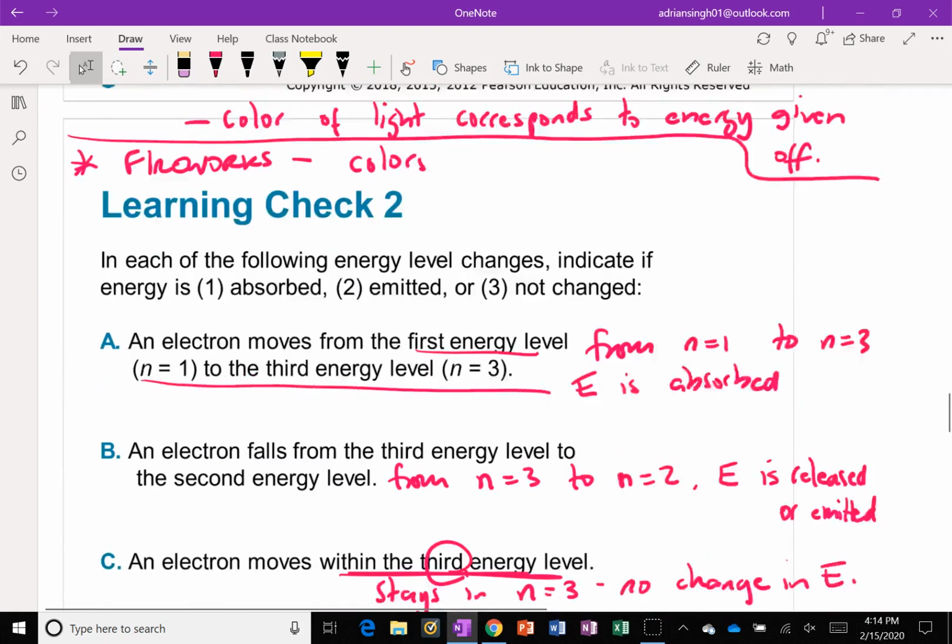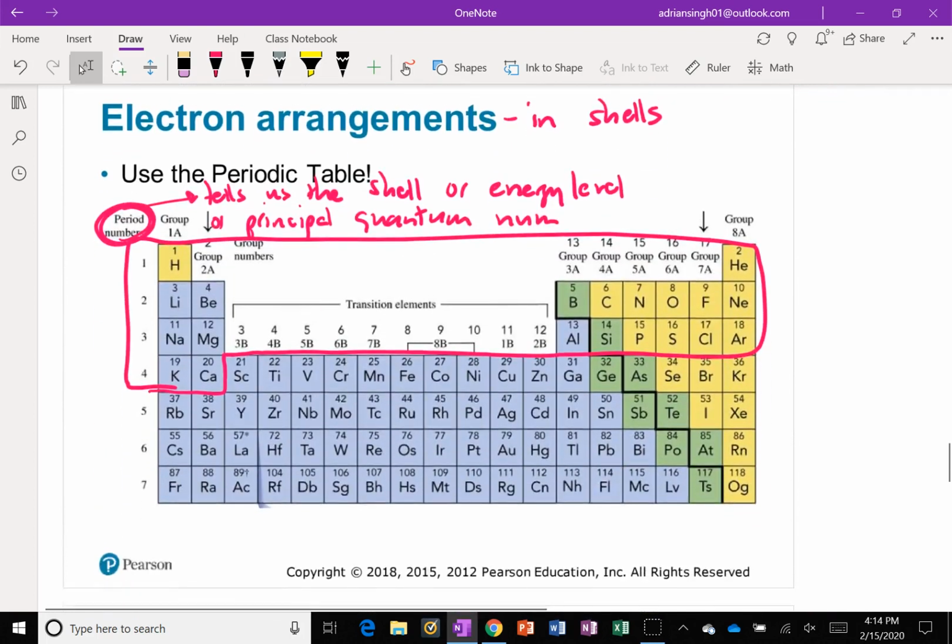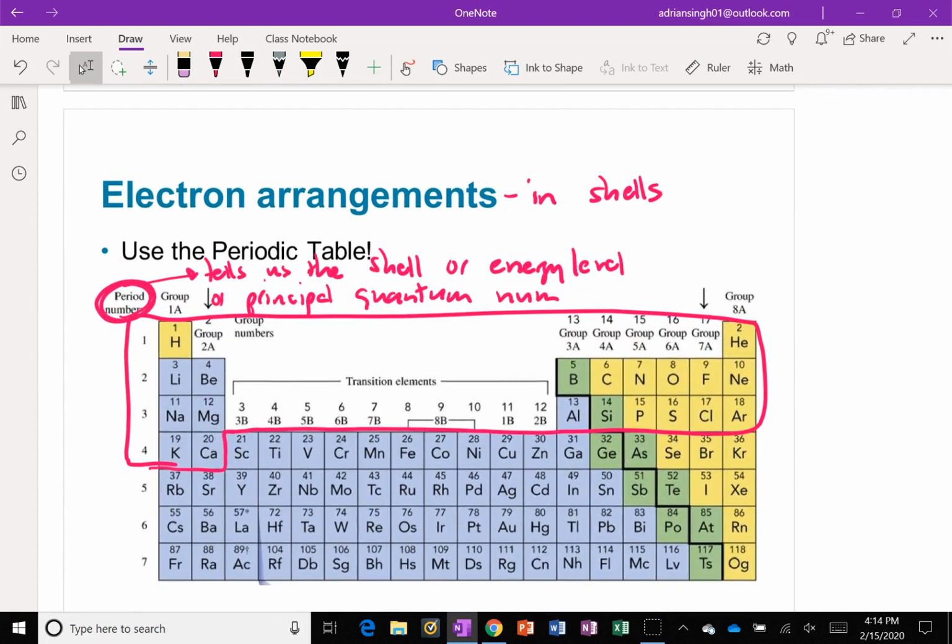All right, so we use all of those terms, I apologize for the scrolling, to represent these shells or these energy levels. So the period number then is going to tell us, in period 1, they belong to the first energy level.